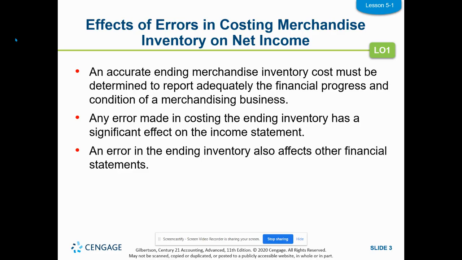If we undercost it, then it will inflate our income. When we figure that out at the end of the year, we'll see a huge dramatic change in our income, it can overinflate it, and it'll create issues for us.